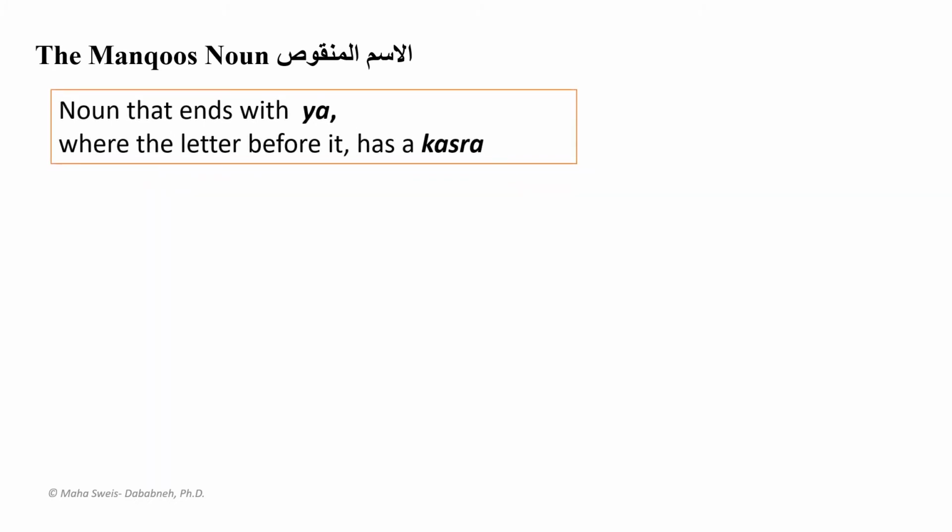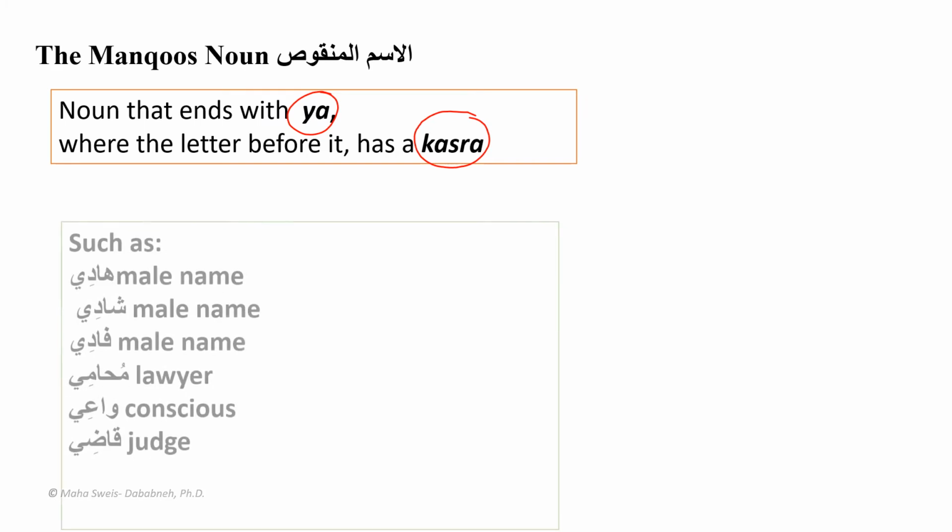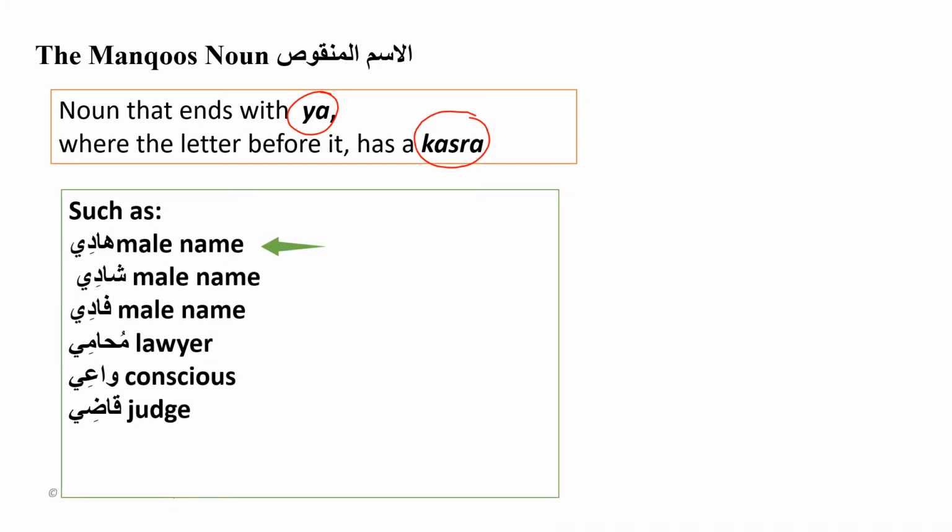Al-ism al-manqoos. Noun that ends with ya, where the letter before it has, now we need kasra, and the noun has to end with ya, such as hadi. Pay attention to the letter before ya, it has kasra.